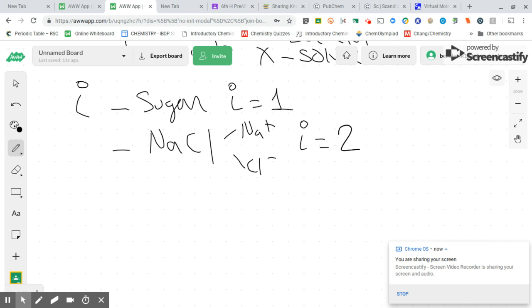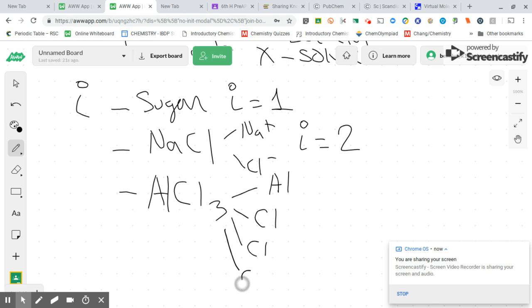For instance, the vapor pressure will lower more, the freezing point will lower more, the boiling point will go higher. So if I compare sodium chloride and aluminum chloride, aluminum chloride is producing 4 particles or 4 ions, because you have 3 chloride. What will be the value of i for aluminum chloride? 4, correct. So aluminum chloride will impact any colligative property more than sodium chloride, and sodium chloride will be more than sugar.